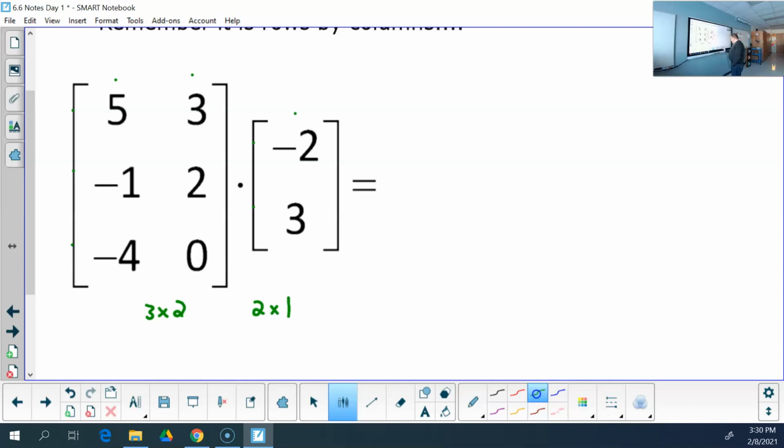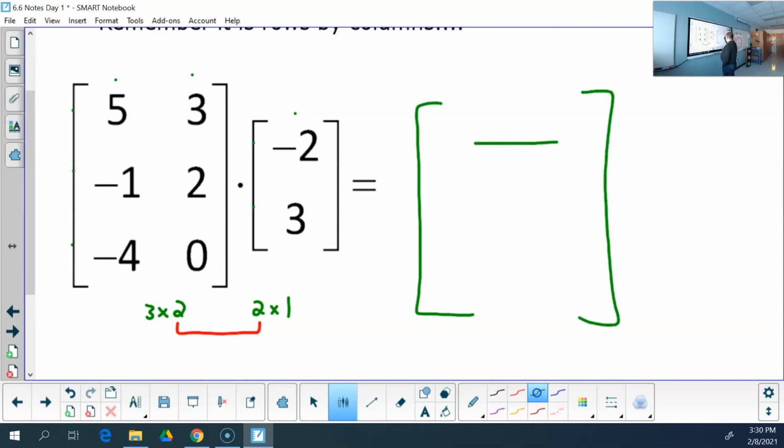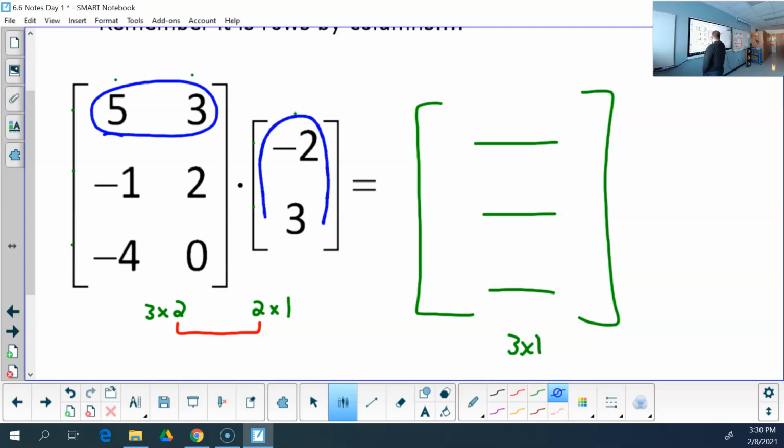So then we look at these two numbers here. Are they the same? Yep, those are the same. So my resultant matrix over here is going to be a 3 by 1 matrix. And the first rule of matrices is rows by columns. So we're going to take this first row times this first column, and that's going to go here.